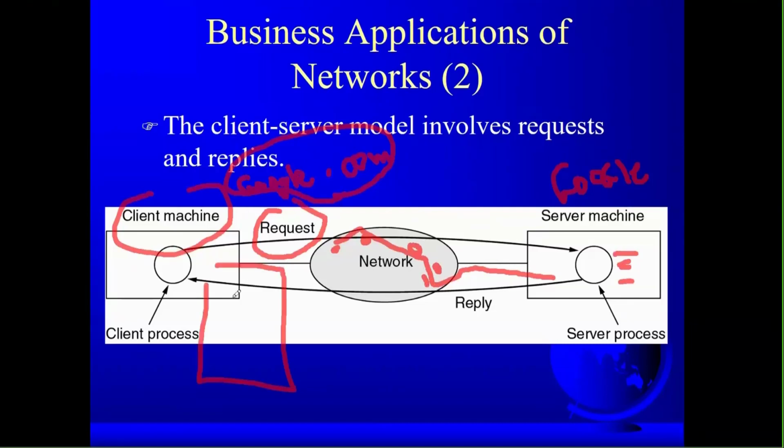You get an HTML page called google.com. Once you get the page, you type something and you search. Another request goes. The server will find it and come up with the reply. So this is how you're actually communicating with the Google server, typically in California.